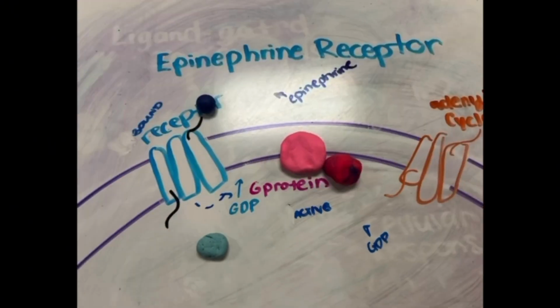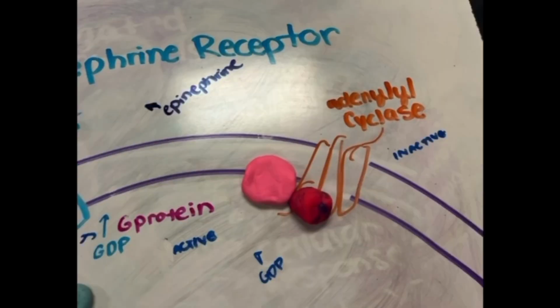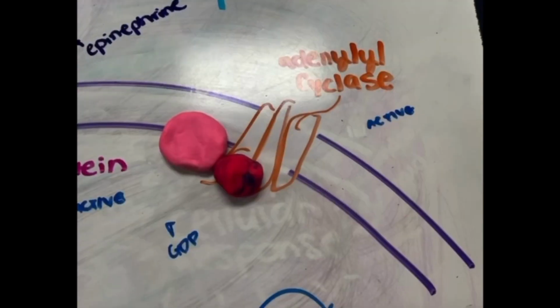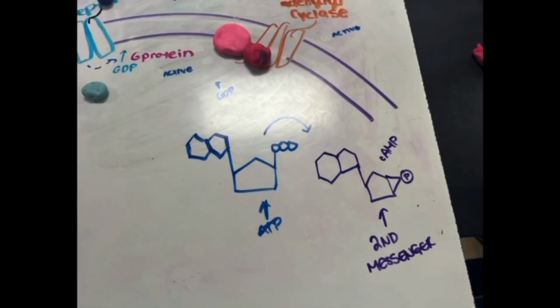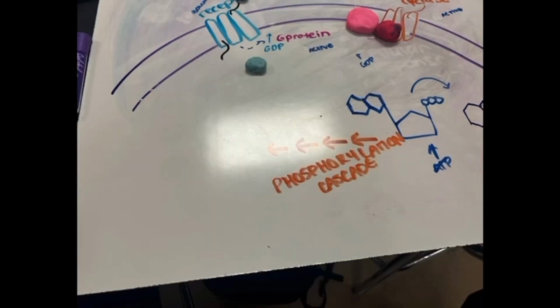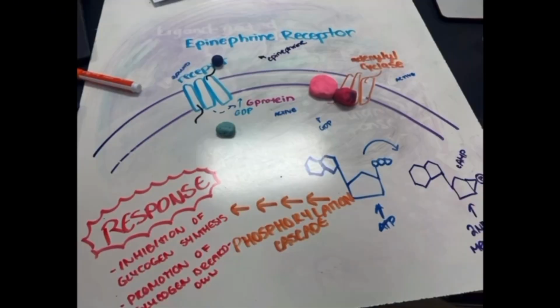The alpha subunit goes on to activate an enzyme called adenylyl cyclase, which turns ATP into cAMP. cAMP is a second messenger that powers up protein kinase A, which then gets to work by adding phosphate groups to various target proteins, triggering a phosphorylation cascade that eventually leads to the inhibition of glycogen synthesis and the promotion of glycogen breakdown.